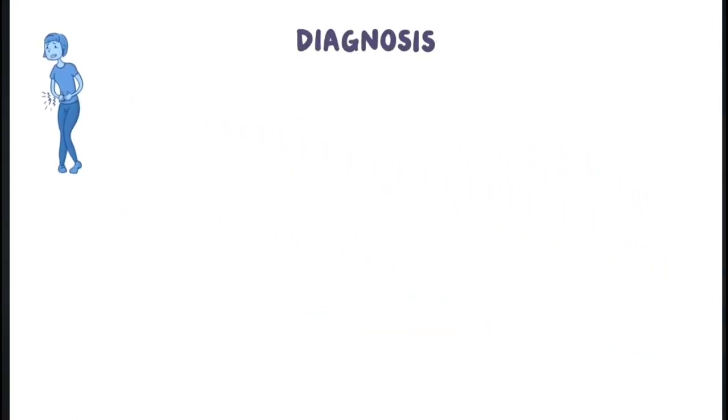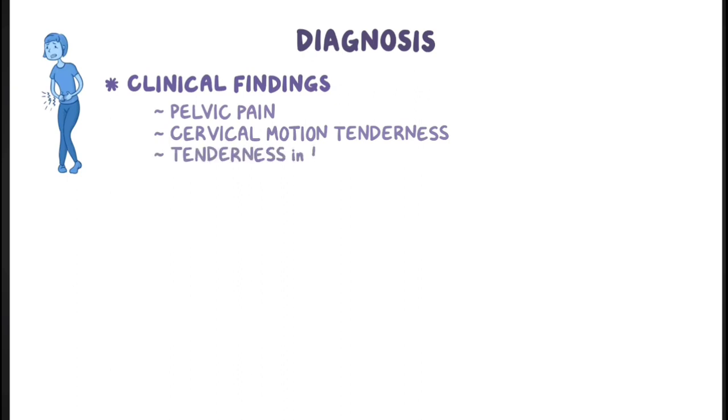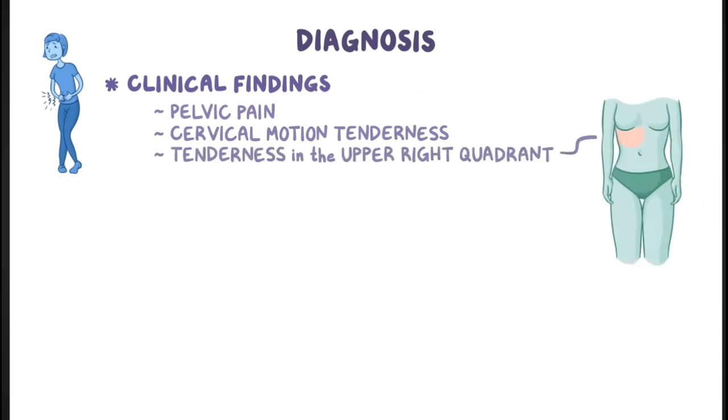Diagnosis of PID is usually based on clinical findings, particularly pelvic pain and cervical motion tenderness, which is when mobilizing the cervix during a vaginal exam causes pain or discomfort. Tenderness in the right upper quadrant of the abdomen is also common if Fitz-Hugh-Curtis syndrome has developed.